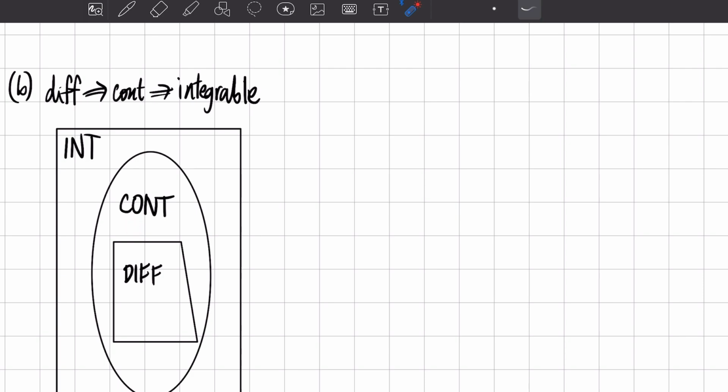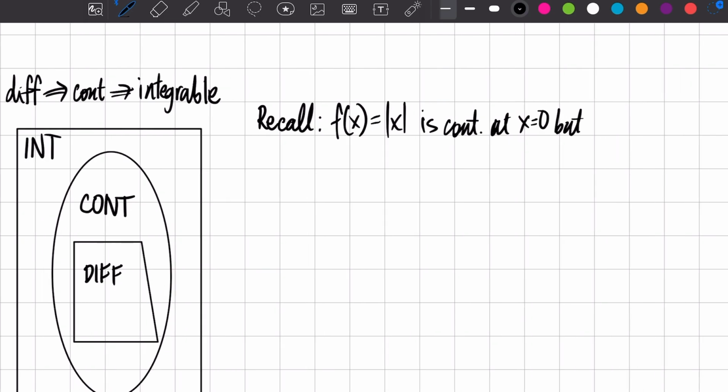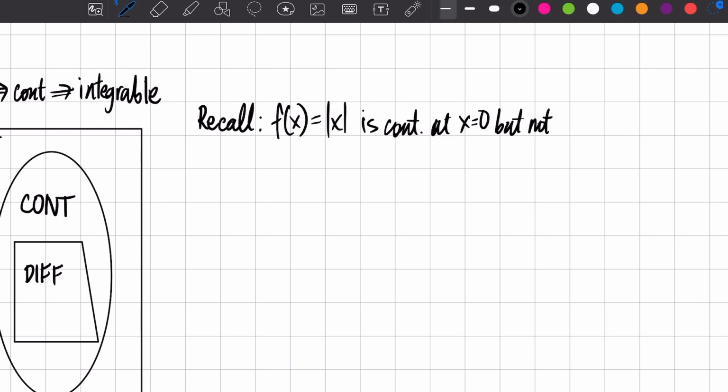And luckily, we have an example for this one. So if you recall, this function right here, absolute value of x, is continuous at x equals 0, but it is not differentiable at x equals 0.